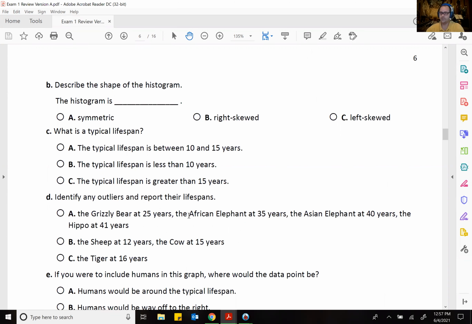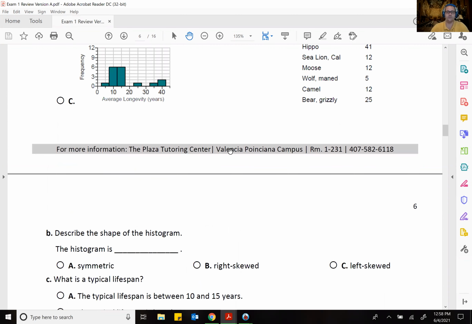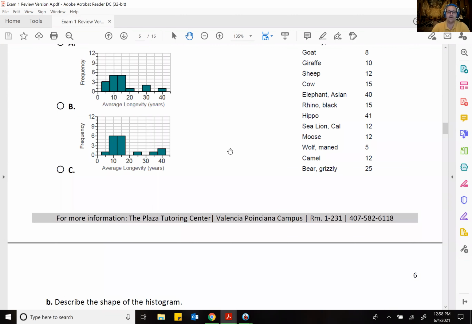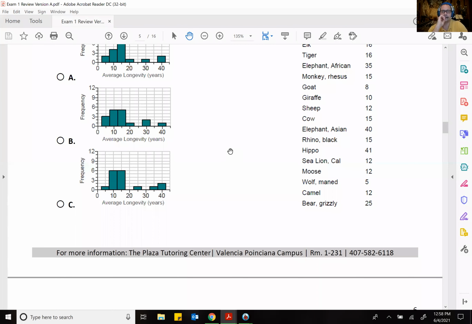Now, D says, are there any outliers? So up here, are there any outliers? What do you think? I think there are. Okay, do we know who they might be?